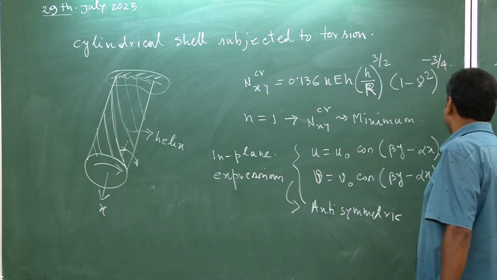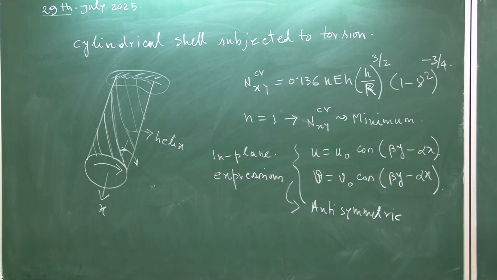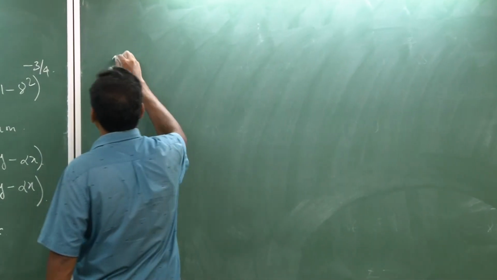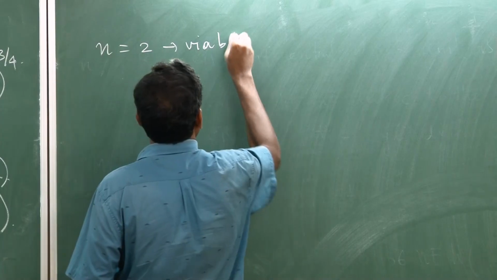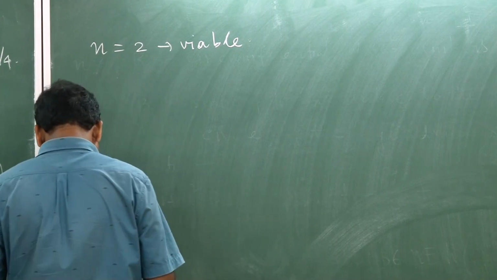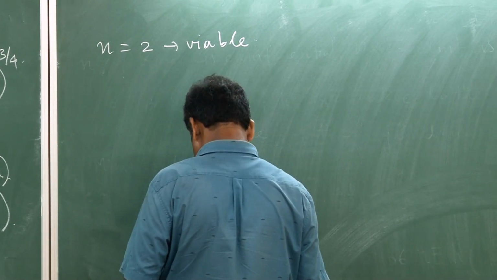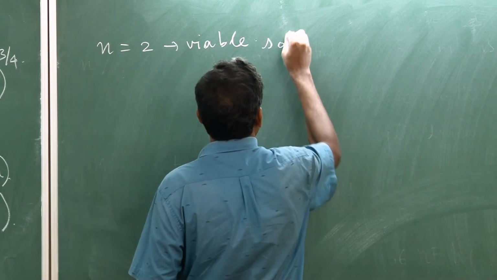So, the feasible one is basically n is equal to 2, and n is equal to 2 is a viable solution. When n is equal to 2 and you substitute, then you will see that this is a viable solution, okay.